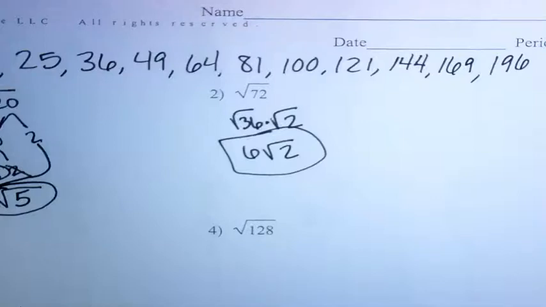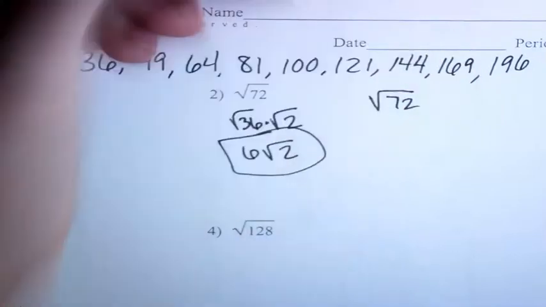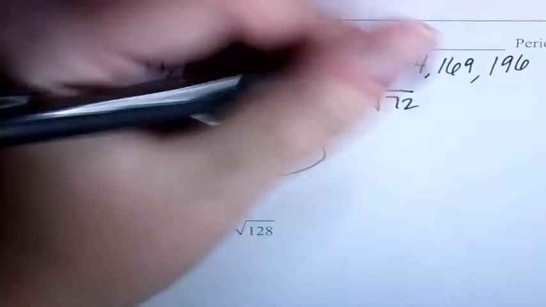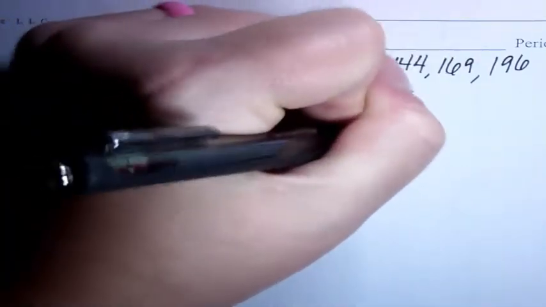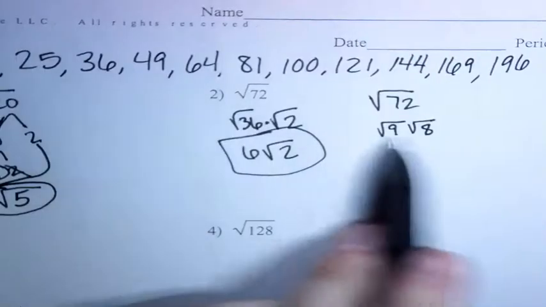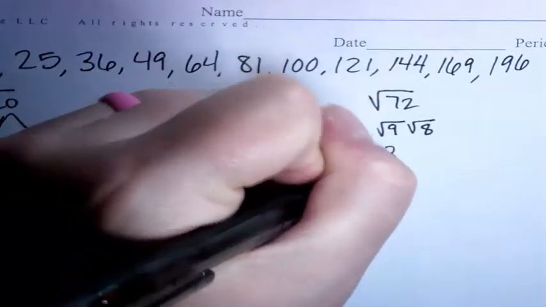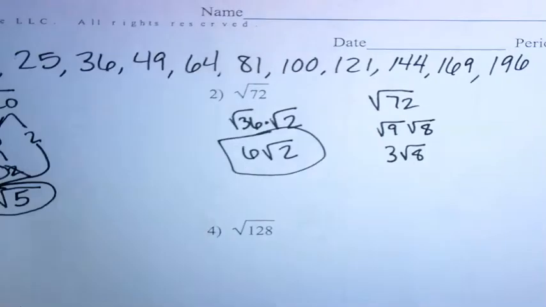If you choose 9 and 8, it's not necessarily going to be wrong. You just aren't done. So I'll show you what would happen if you chose 9 and 8. You don't have to write this one down, but you can if you'd like. So you've got 9 and 8. They both multiply to equal 72. Okay, 9 simplifies, and you get 3 root 8. And you think, I'm done, sweet. But you're not.